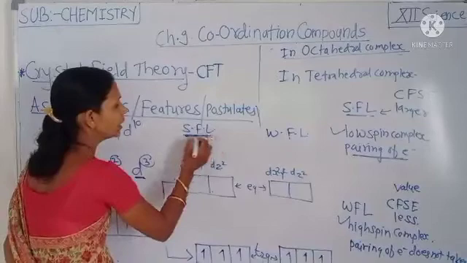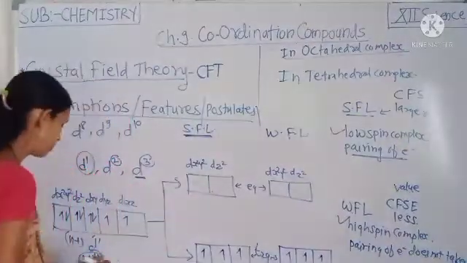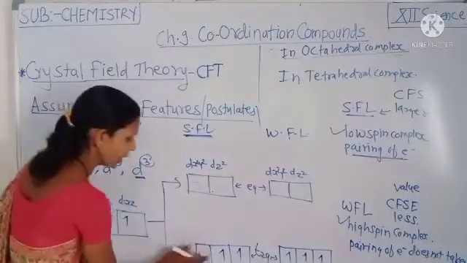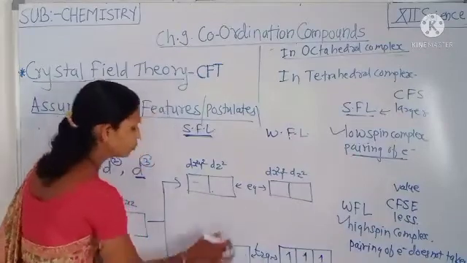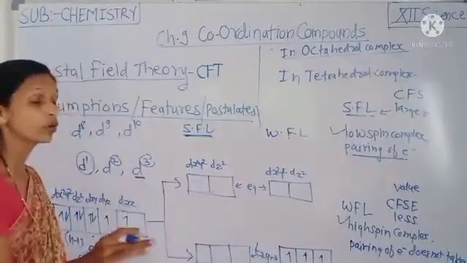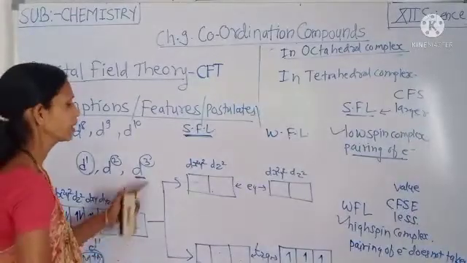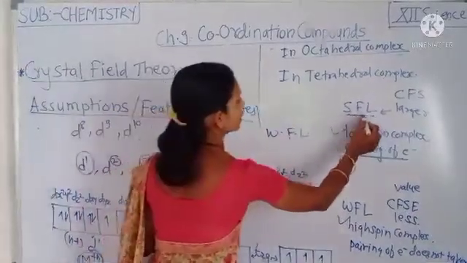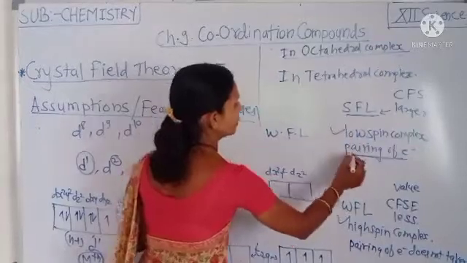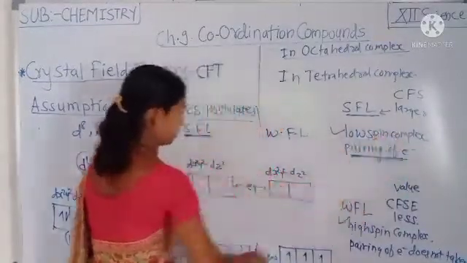If a strong field ligand approaches the metal ion, these 8 electrons are filled into the orbitals according to Hund's rule and the above principle, and pairing of electrons takes place.